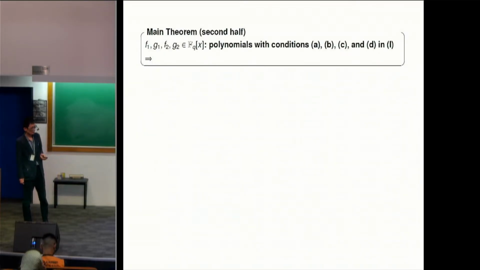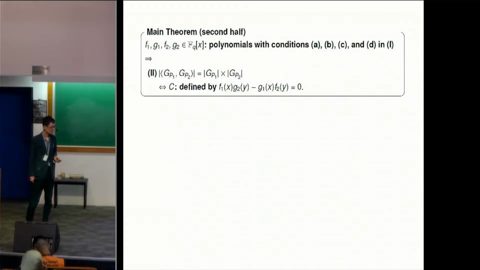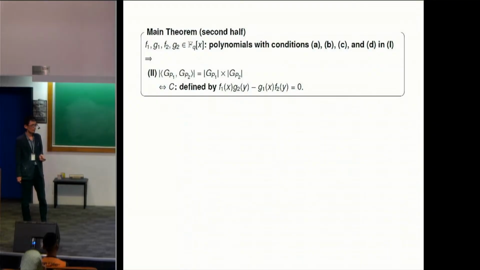I explain the second half. Let the polynomials be as above. The order of the generated group is the order of G_P1 times the order of G_P2 if and only if C is defined by f1(x)g2(y) minus g1(x)f2(y) equals 0.